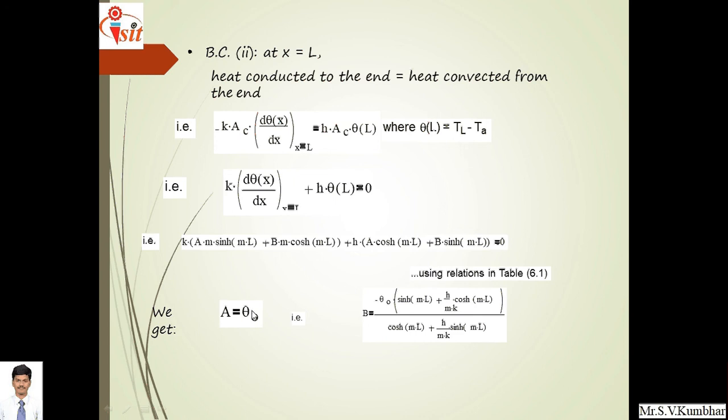And here we will get A is equal to theta 0 and B is equal to minus theta 0 into bracket sinh ml plus h/mk cosh ml divided by cosh ml plus h/mk sinh ml.